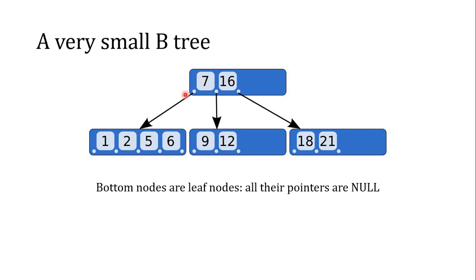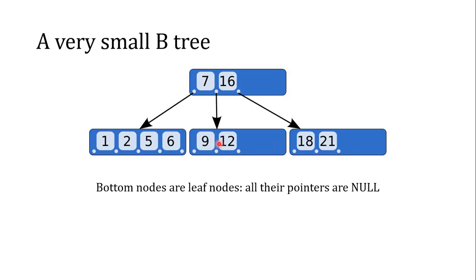From 7 there is a left hand side, so these values 1, 2, 5 and 6 are less than 7, always less than 7. From 1, 2, 5 and 6 there can be more levels of data if necessary.